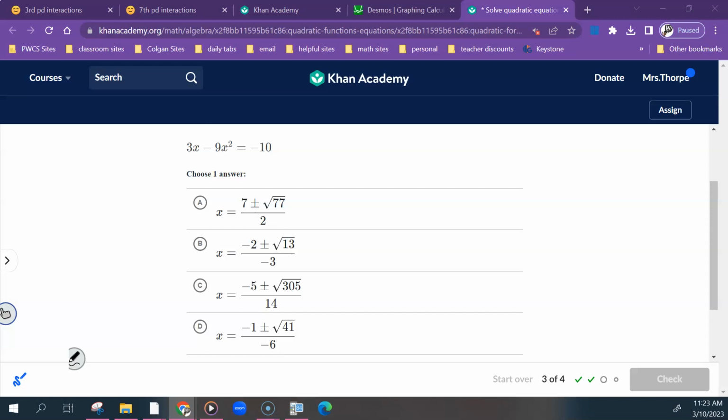You move the x, well, the 3x and the 9x. We could do that, but Khan Academy likes it better when you move it over here. So add 10. So negative 9x squared minus 3x plus 10 equals 0. And then the process is the same.